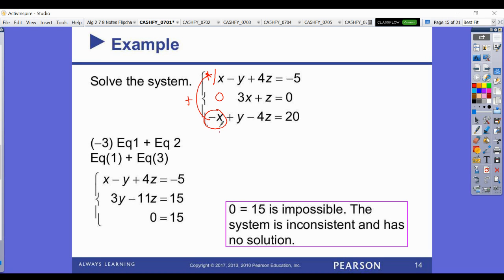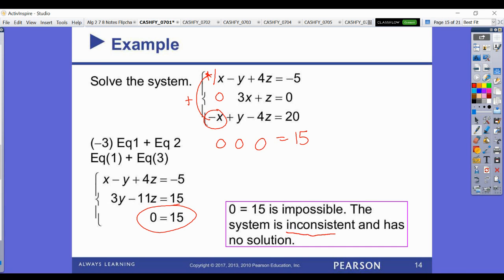So if I add these two equations, I get 0, 0, 0, and 15. And so what happens to my third equation is I end up with just 0 equals 15, and there's no letters left. If all the letters go away, then it's one of these weird things. It's either inconsistent or it's dependent.